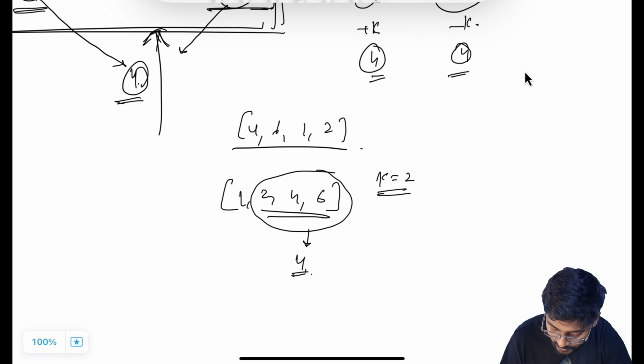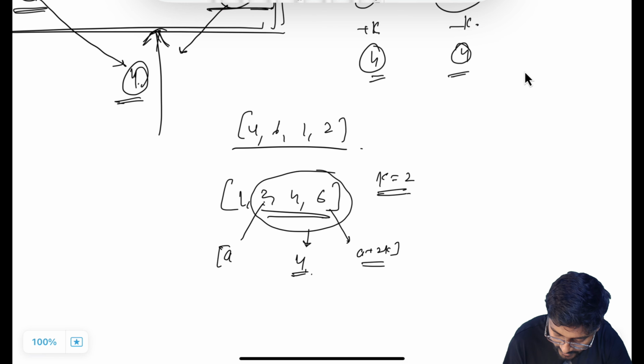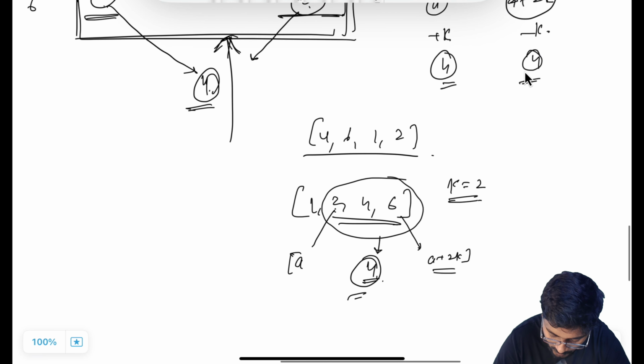Because if I keep 2 as the lower bound of my range and 6 as the upper bound, A plus 2k, then I can convert any value between 2 to 6 to a specific value, which is 4. So this was the idea behind the approach.